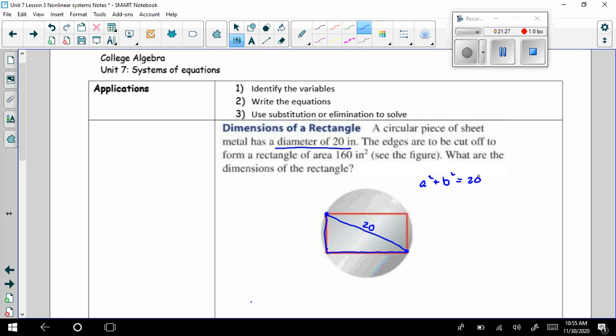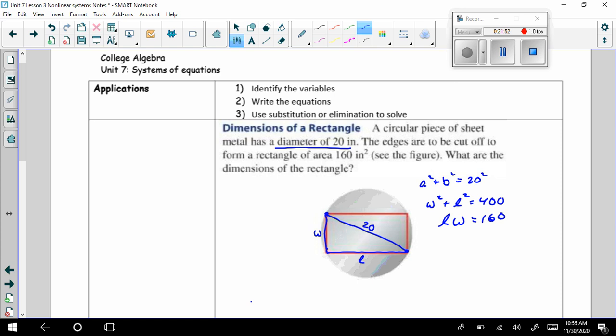So in this case, 20 squared. Let's put this as the width and this is the length. We will have width squared plus length squared is equal to 400. Area we know is 160. Area is also length times width, so length times width is 160.